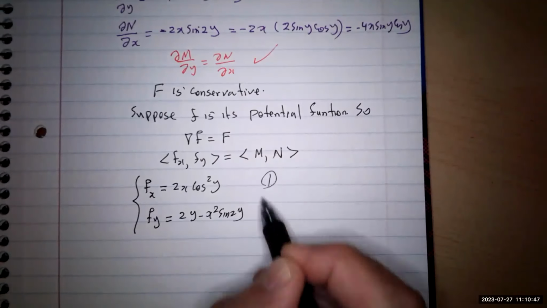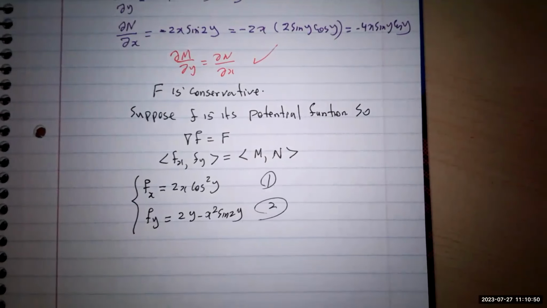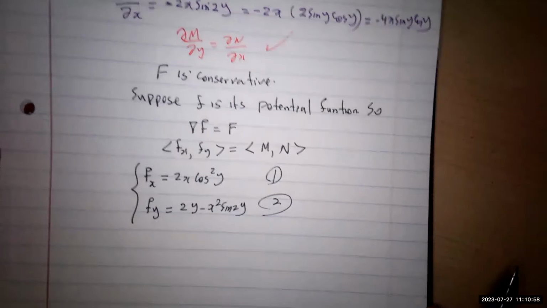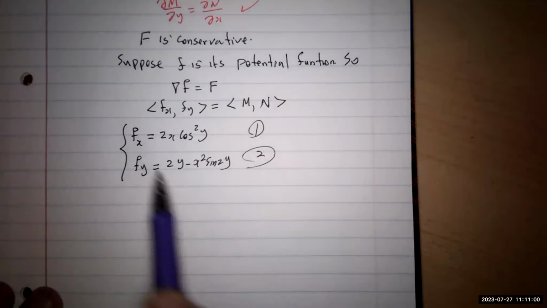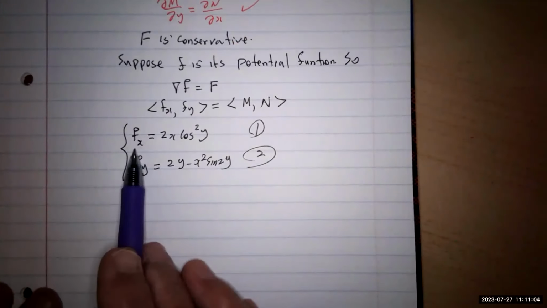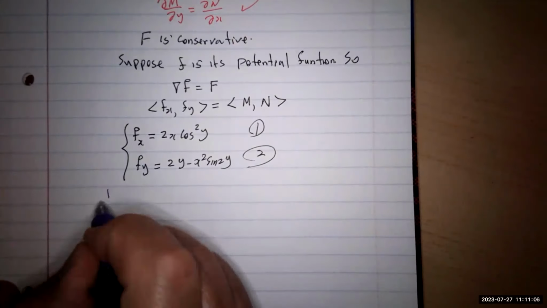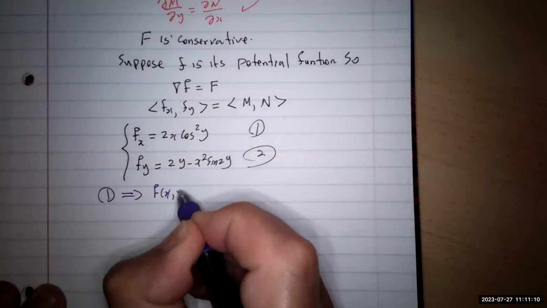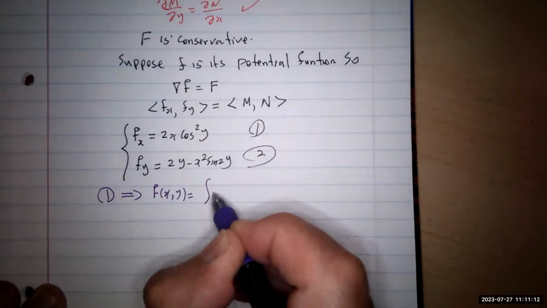So that would be your equation number 1 and 2. It's a kind of system of partial differential equations that you want to solve. Again, you start with one of them, and it's easy to start with the first one. You integrate with respect to the x to get the function back. So we're starting from the 1, and then we integrate with respect to the x.